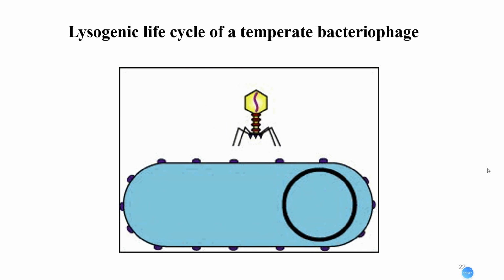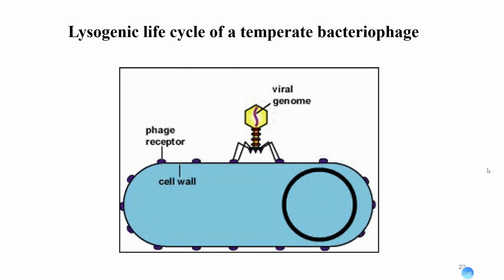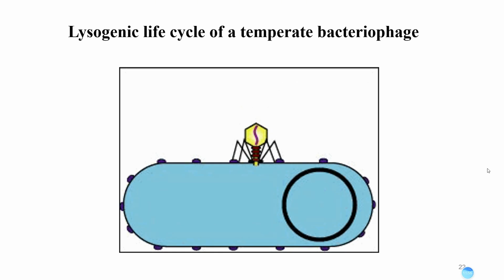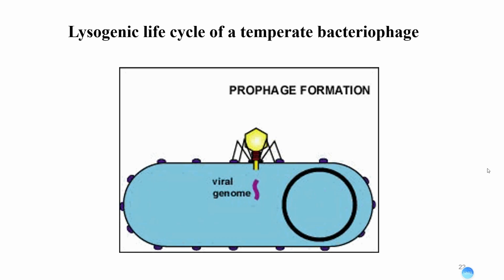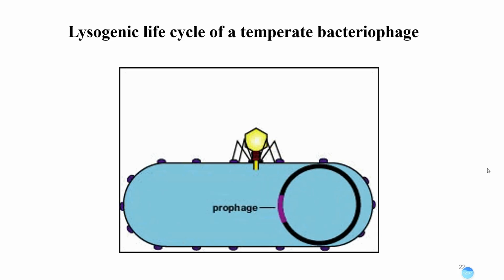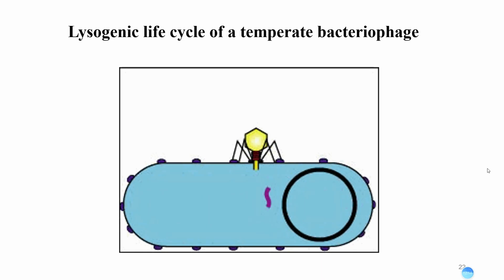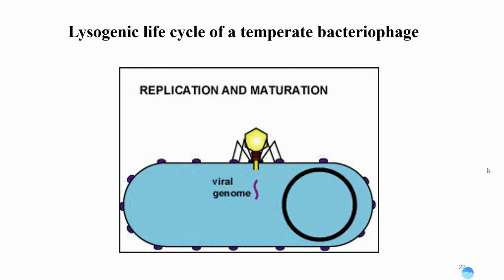The phage infects this cell: attachment, then penetration to release its nucleic acid into the host cell. But here, it's special. The viral genome will form a double-strand DNA and integrate itself into the bacterial chromosome, okay? And when this bacteria grow and replicate, this DNA can replicate with the bacterial cell.